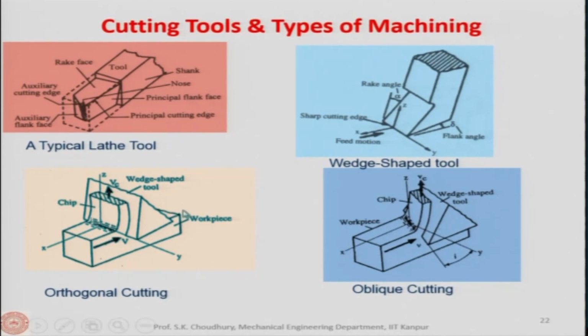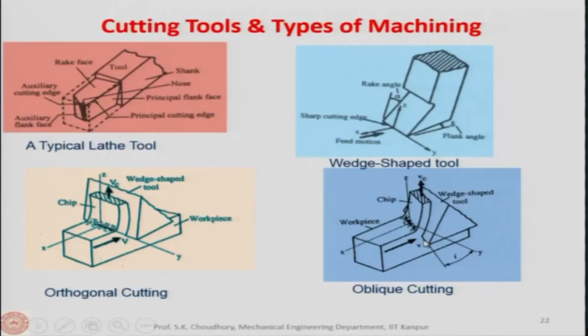Therefore, this condition is the three dimensional case, and as you understand, in case of a tool when it is inclined, when it approaches the workpiece, it will grab the workpiece gradually, okay. Can you see this? In case of orthogonal cutting, when the tool is approaching the workpiece, it will grab the workpiece all at a time, the entire cutting edge will be grabbing the workpiece at a time.